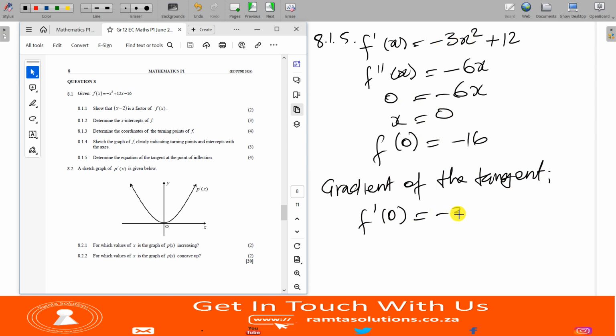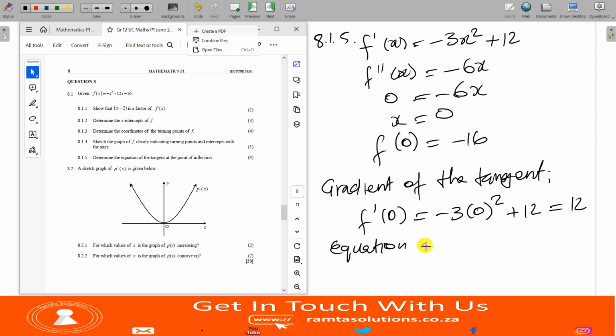It's negative 3 into 0 squared plus 12. It is 12. This is your gradient of the tangent.